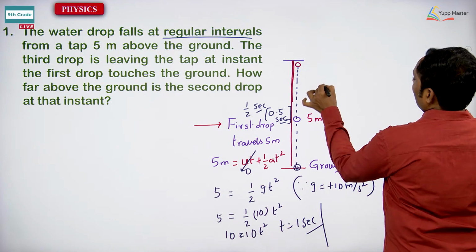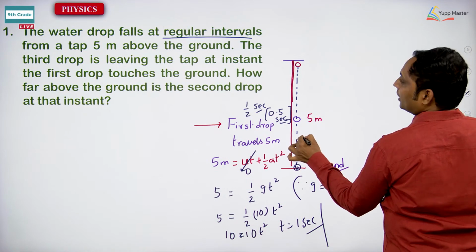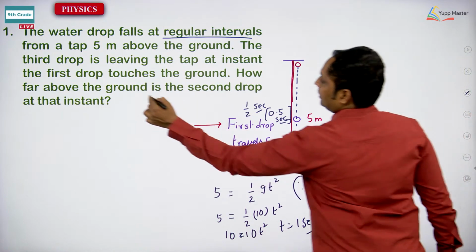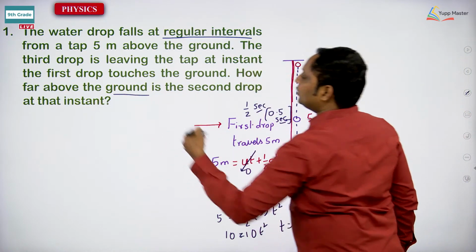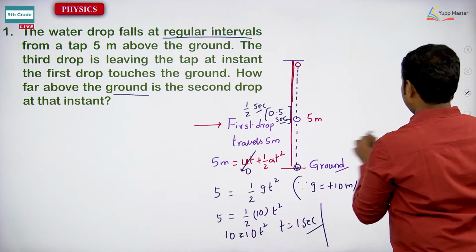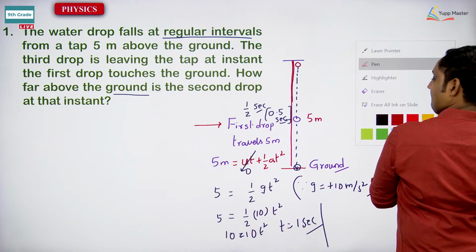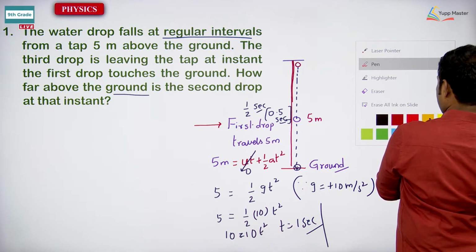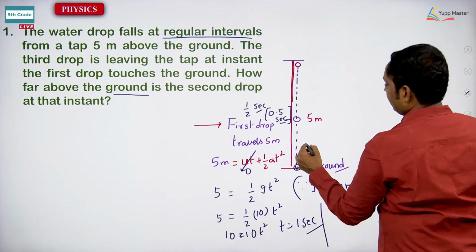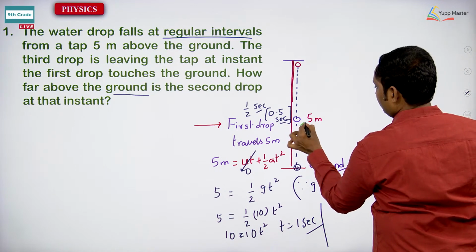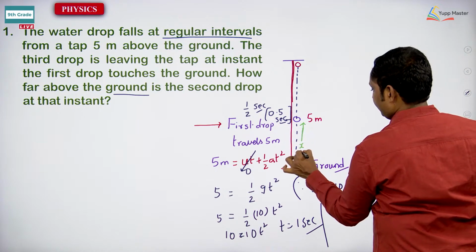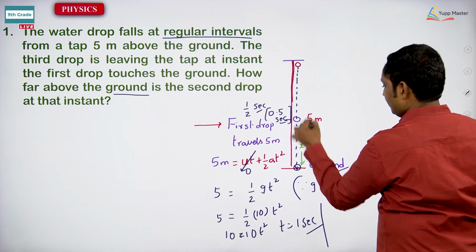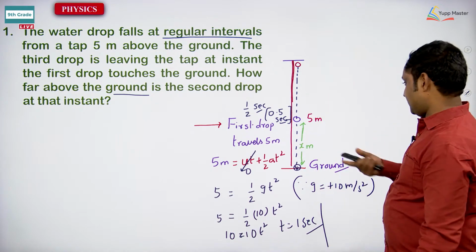So, let us assume the second drop is at some height above the ground. Let this be x meter from the ground, let us assume.